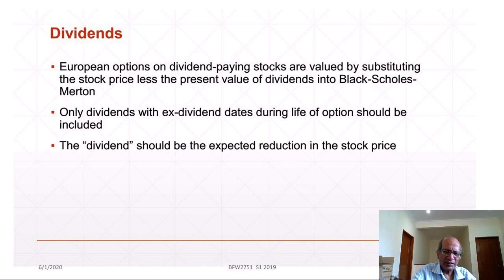So you take the net of S0 after subtracting the present value of the dividend. The dividend should be an expected reduction in the stock price. S0 is the current stock price. If a dividend is coming in 4 months and your option has a 6 month life, that dividend should reduce the stock price, so we bring it to present value and subtract it from S0.